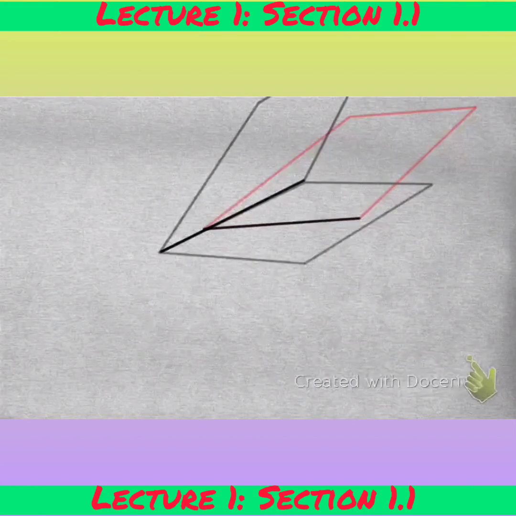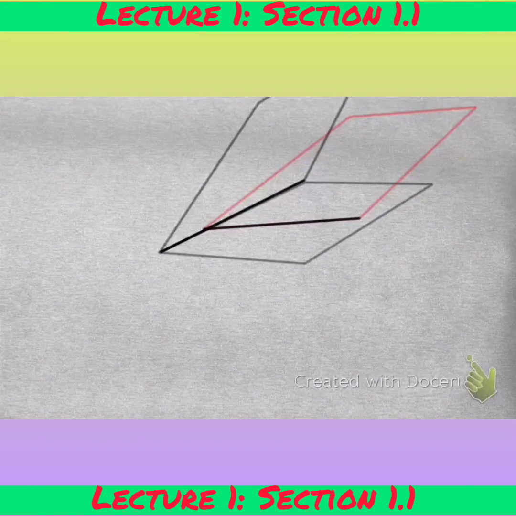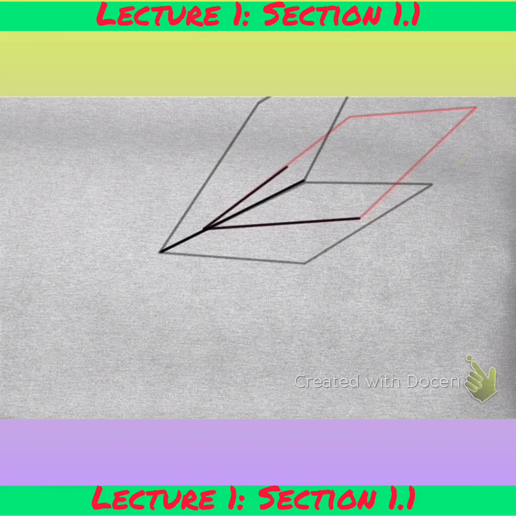Basically the intersection lines are those lines there. So in that case, one can easily see that there's only one point of intersection, and it's that point there.